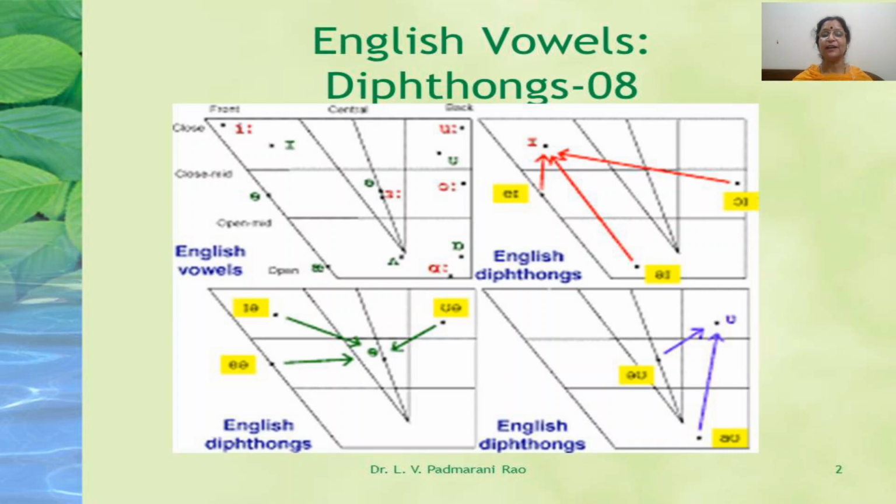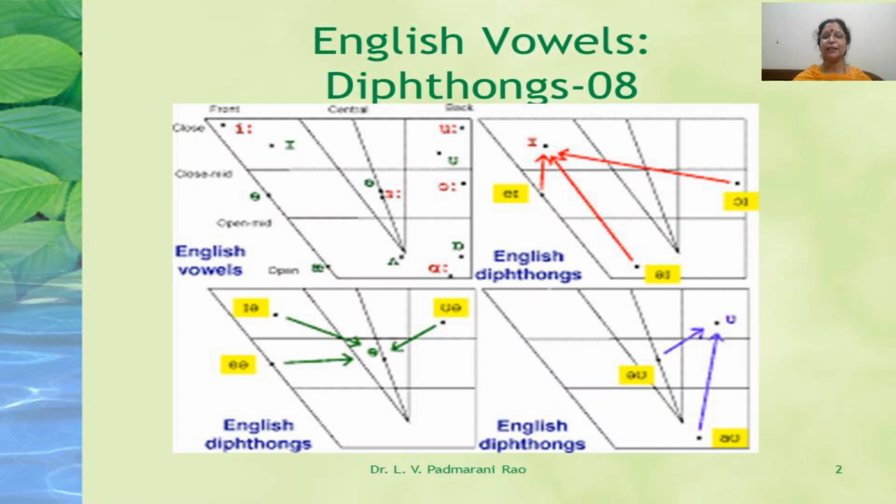All the three are narrower glides or small glides. So in English, we have 8 diphthongs, of which 3 are wide or long diphthongs. What are they? I, oi, and ow. And 5 are narrow diphthongs. What are they? A, O, U, E, and A. Could you make out?